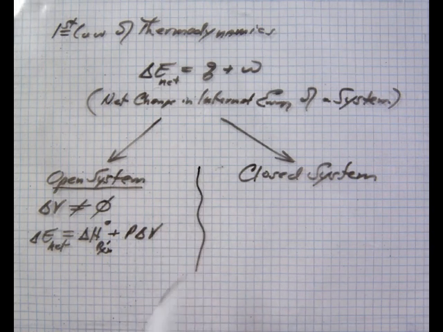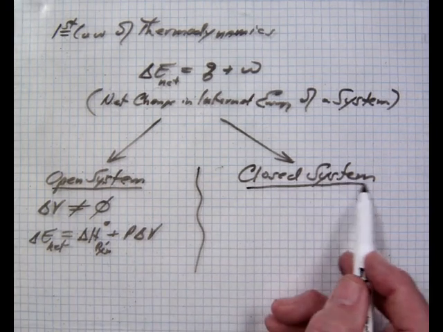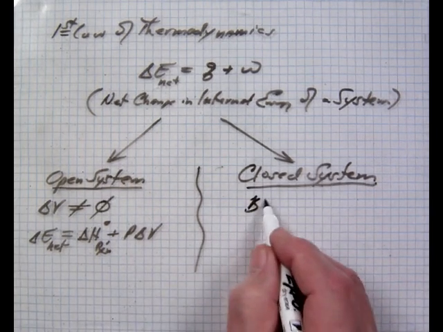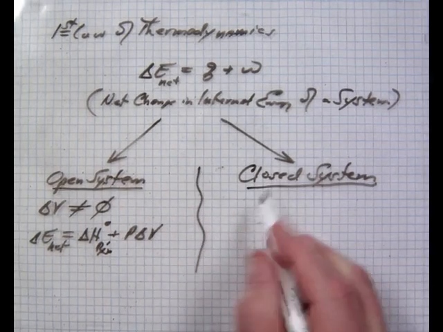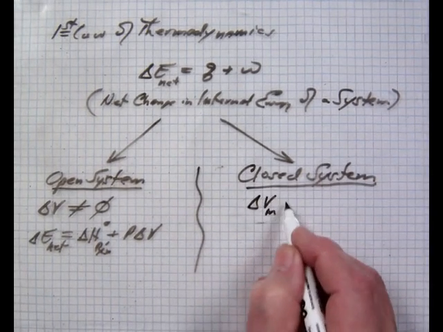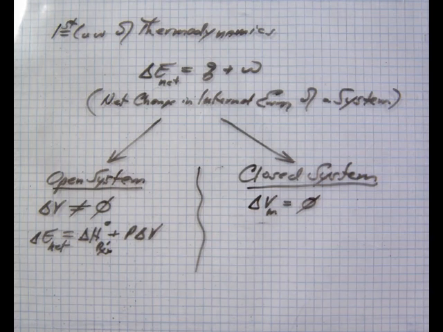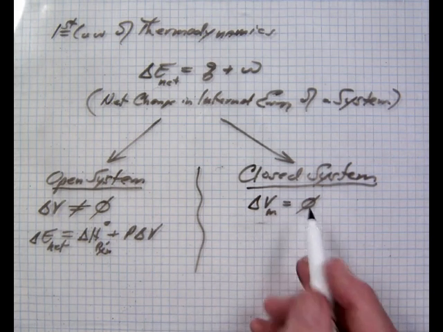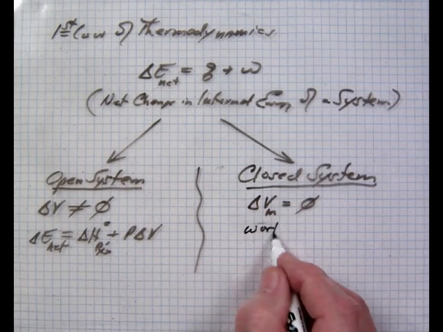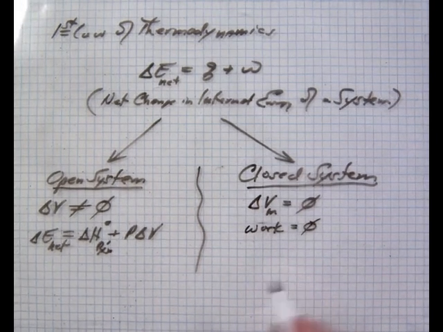Now, if you're in a closed system, delta V, or your change in molar volumes, is in fact 0. You won't have a work function. When delta V equals 0, then work equals 0.